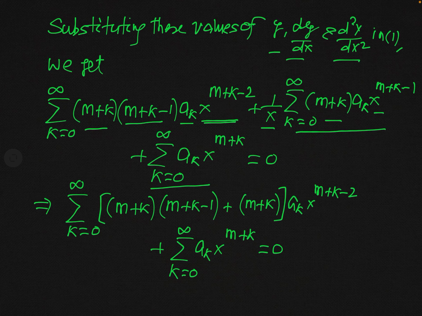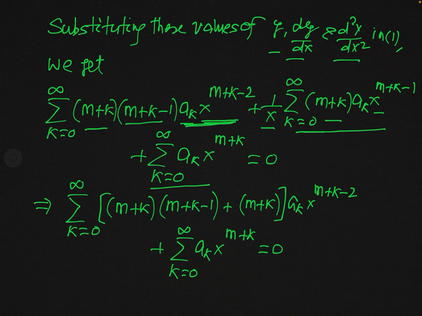So you can see a_k x^(m+k-2) can be taken as a common factor when we combine the first term and the second term of this equation. After combining the first and second terms, we will get this result.